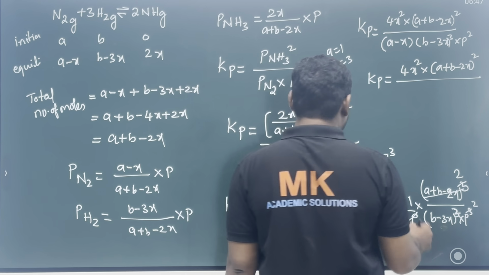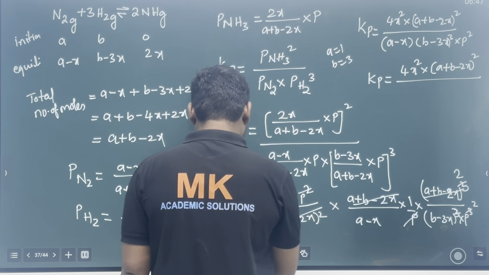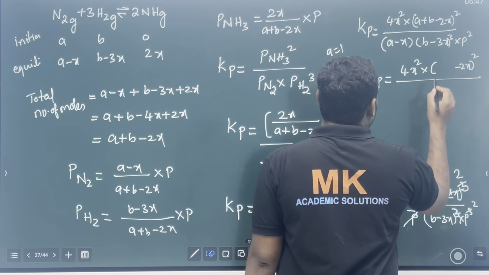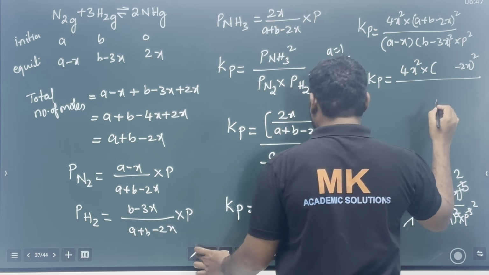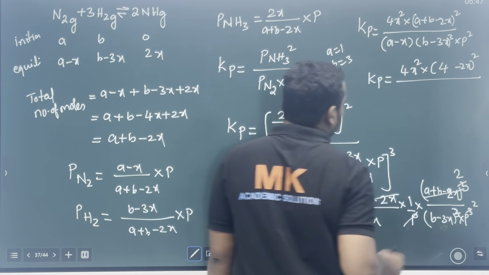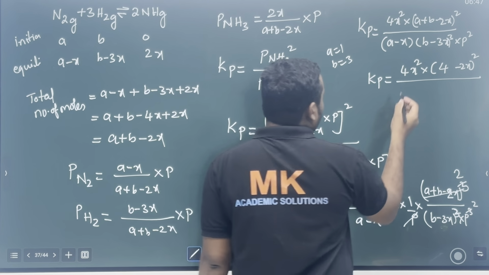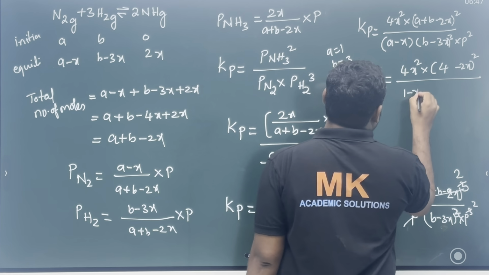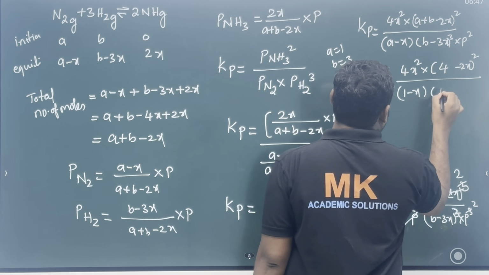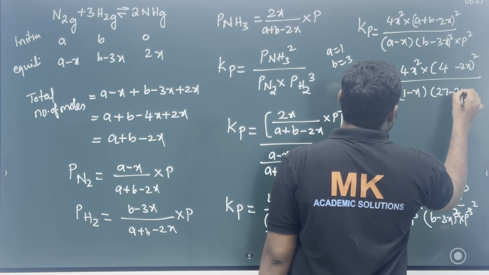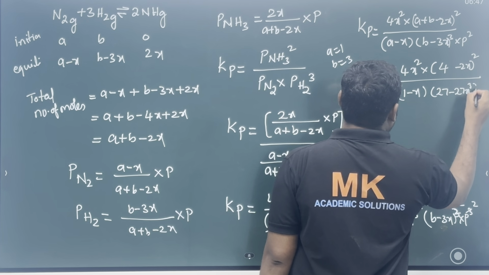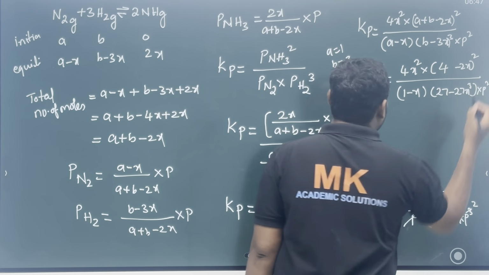So a is equal to 1, b is equal to 3 means you directly get 4 by (1 - x) into 27 minus 27x cube into p square. You will get like this.